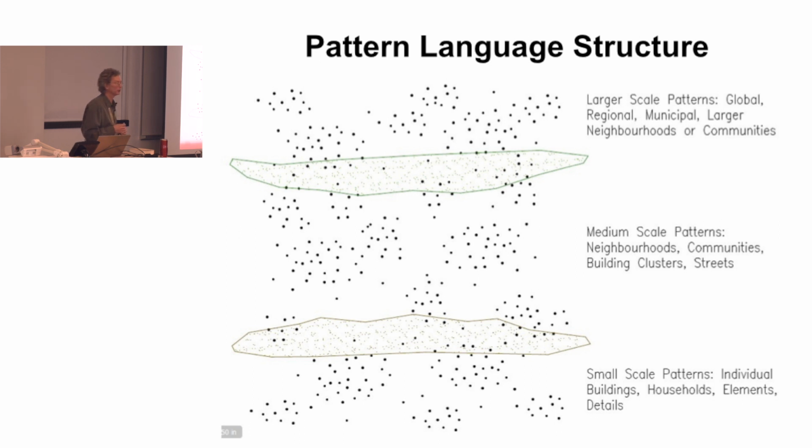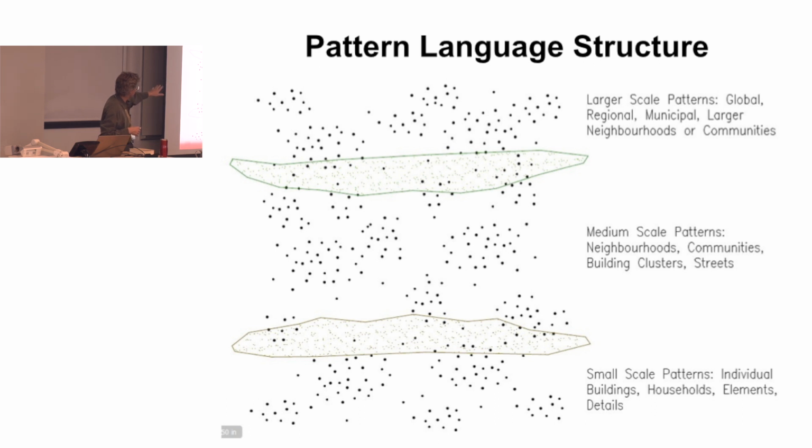Or another way to look at the pattern language is to consider it like a cloud of dots, each dot being a pattern. And so you're in this three-dimensional shape, and it's sort of tiered. At the top, you've got larger scale patterns having to do with regions and neighborhoods.